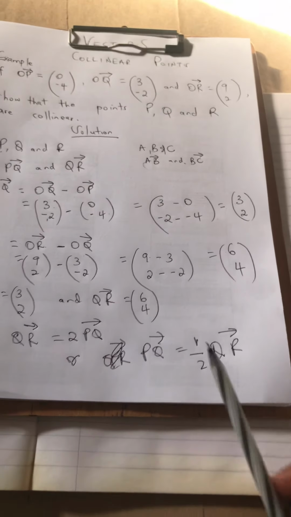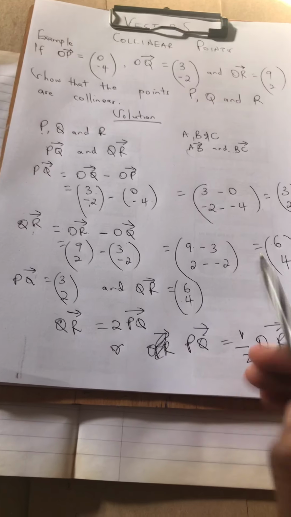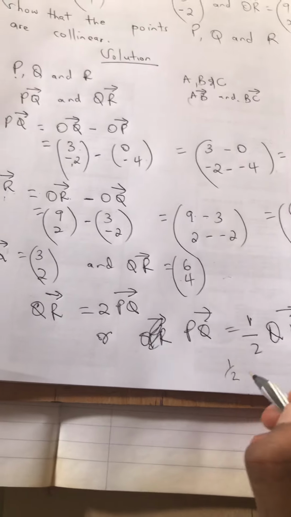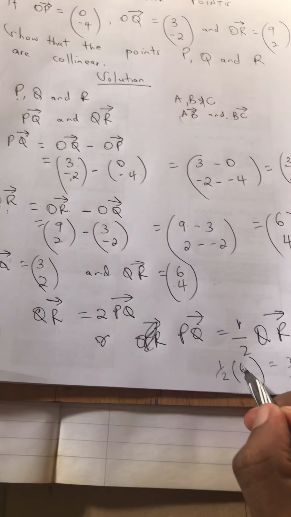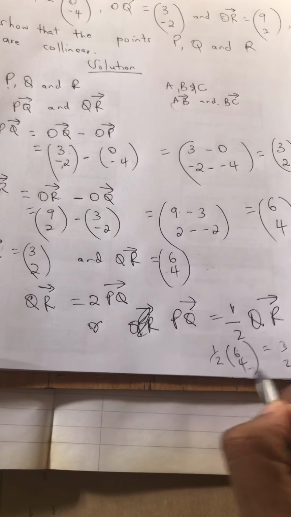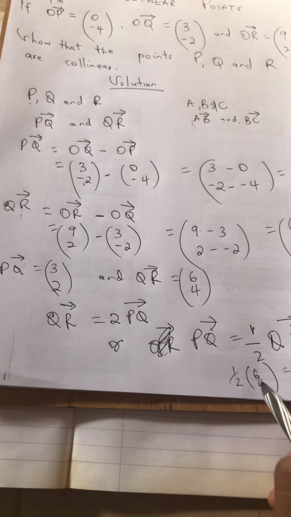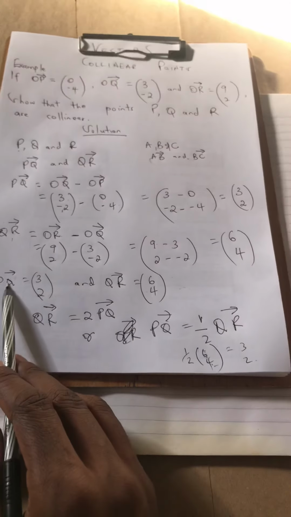Again, I hope you can see that if I multiply QR by a half, nikiweka a half hapa, so you can see a half times (6, 4), what will you get? You will get (3, 2). A half times 6 is 3, a half times 4 is 2. So a half of QR, which is (6, 4), will give you (3, 2), which is PQ.